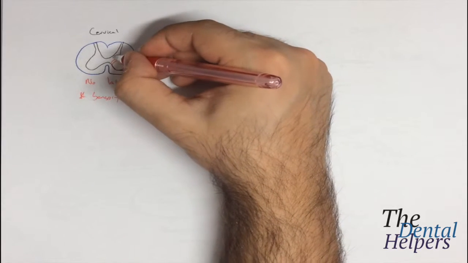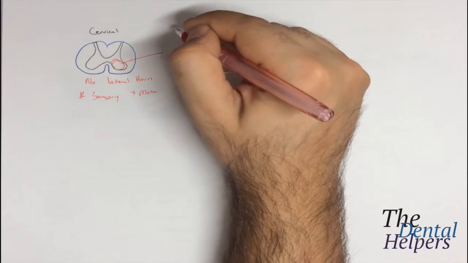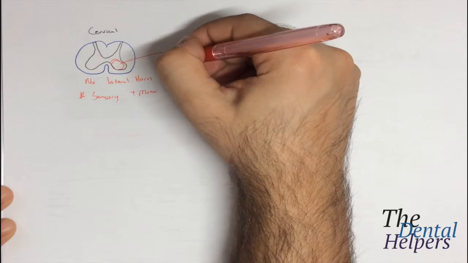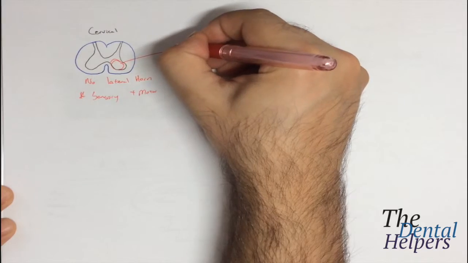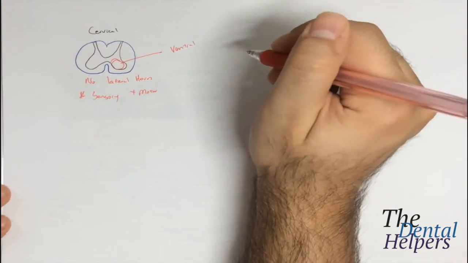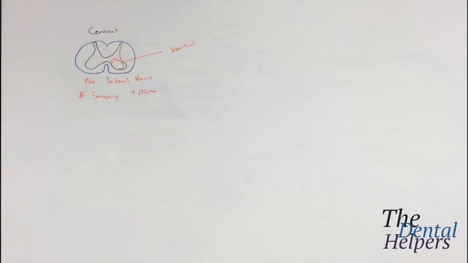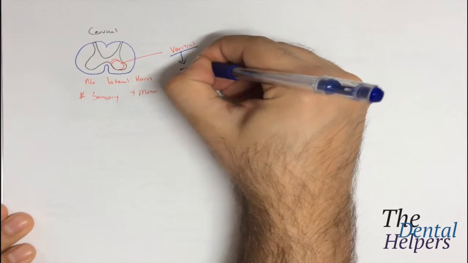So if you compare the lateral, we see that there's no lateral and there's really no dorsal horn. It's there, but it's significantly smaller. So the ventral horn is really big. And if you remember, ventral horn signifies, you probably guessed it, motor.